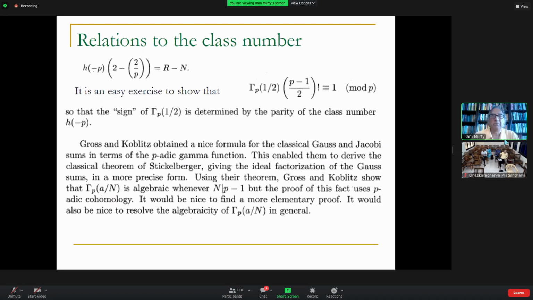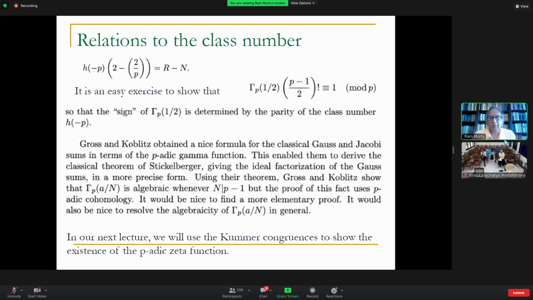It tells you that Γ_p(x) and Γ_p(1−x) could both be transcendental, but the product turns out to be an algebraic number. Therefore, the question of whether or not each individual one is transcendental is still open in general, even in the p-adic context. Of course, it's open in the classical gamma function context as well. So more or less, this is all I wanted to say.